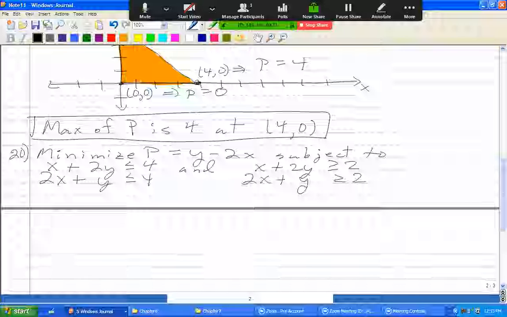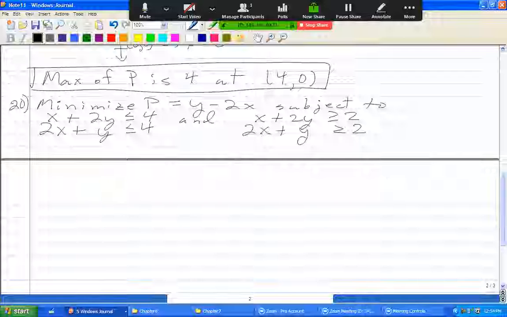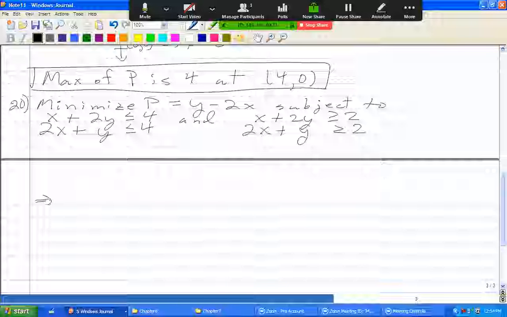Okay, so these are strips, right? Because these are both the same. So if I look at these, it says that x plus 2y is between 2 and 4, and 2x plus y is between 2 and 4. Okay, so let's look at this first equation. Let me write it this way.